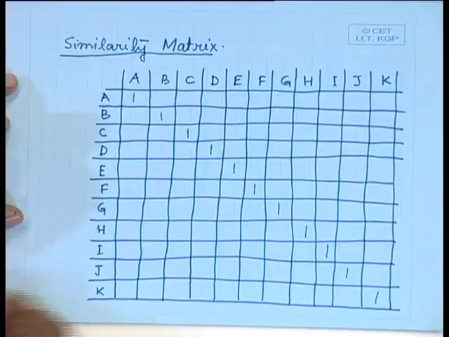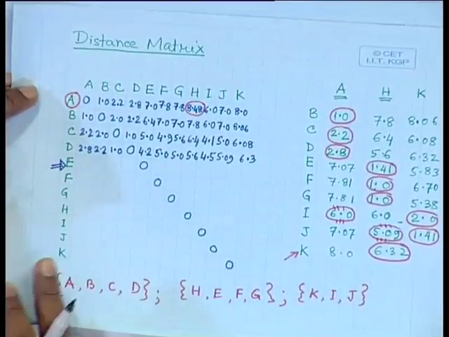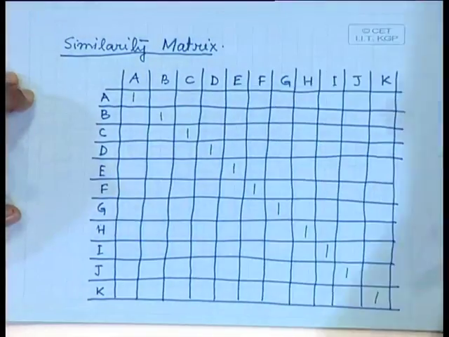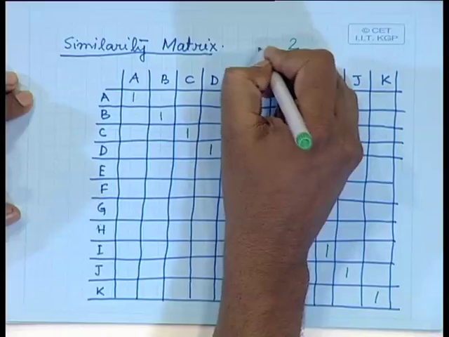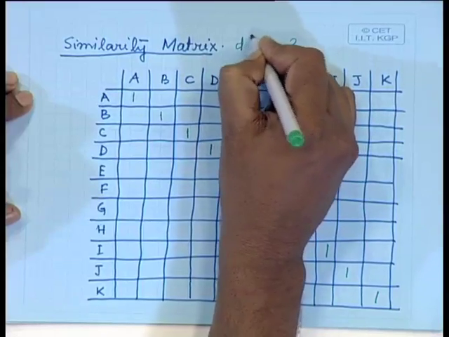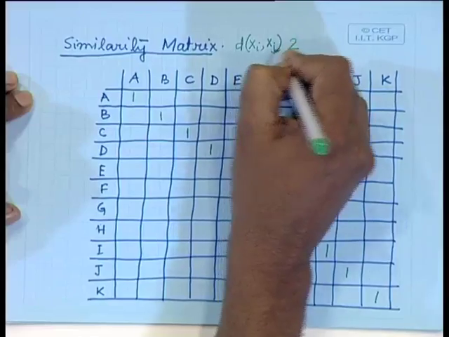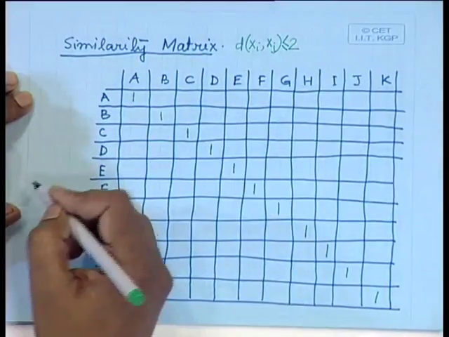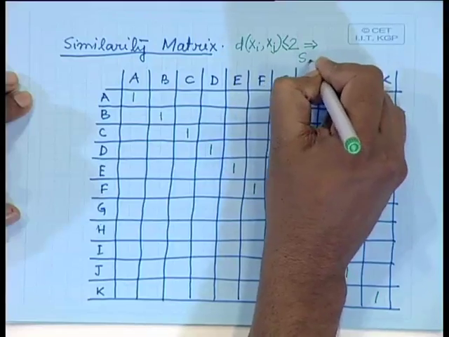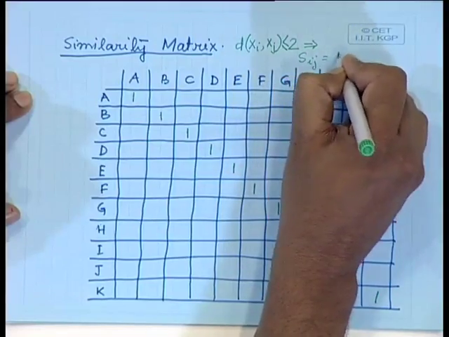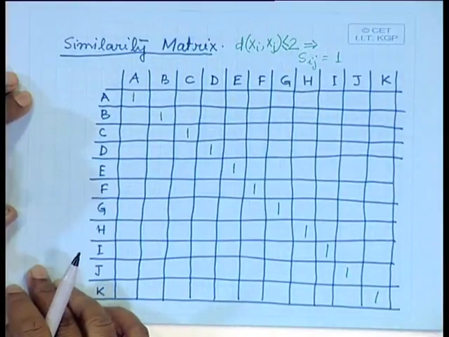Okay. Now, while forming this similarity matrix from this distance matrix, I assume my threshold to be equal to 2. That is, if the distance between 2 points x i and x j is less than or equal to 2, then correspondingly S i j will be equal to 1. Okay. So, my threshold I am taking equal to 2.